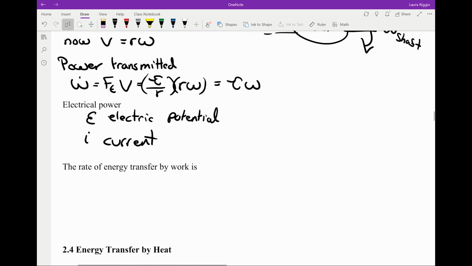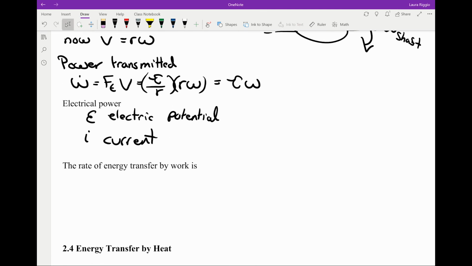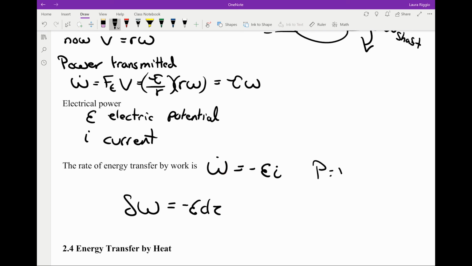So the rate of energy transfer by work, for electric work, we have our potential times I. I is actually our differential electrical charge that flows. So our differential work is equal to minus epsilon dc. And our electric potential is really voltage. So this is really our P is equal to VI.